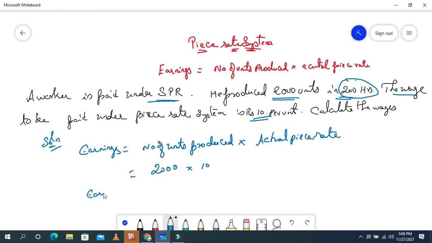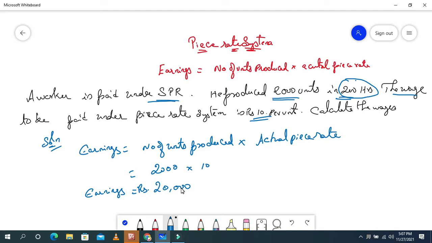So the earnings the worker gets is rupees 20,000. This is piece rate under the straight method. So straight away we are just calculating the amount he gets, based on the units he produced. If he produced 5,000 units, and per unit is 1 rupee, then 1 into 5,000 is rupees 5,000.